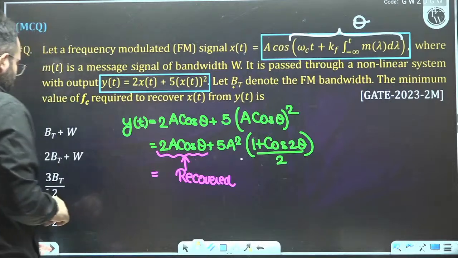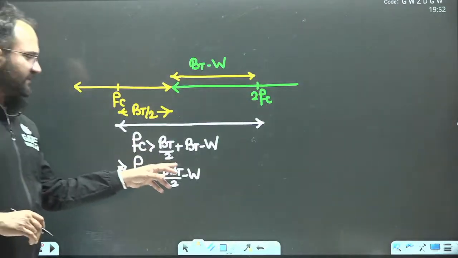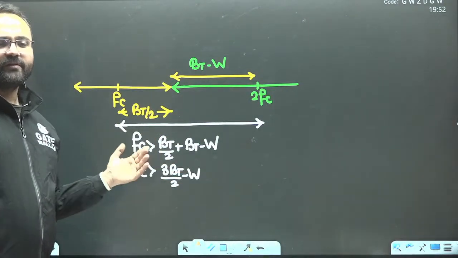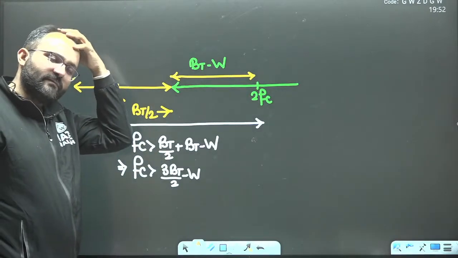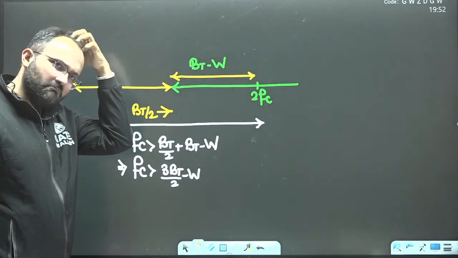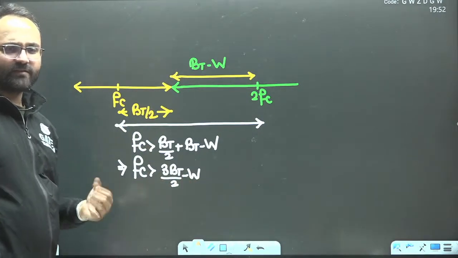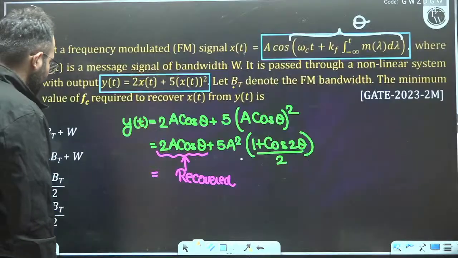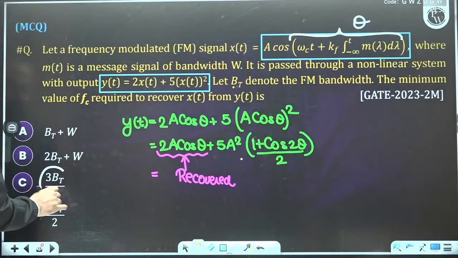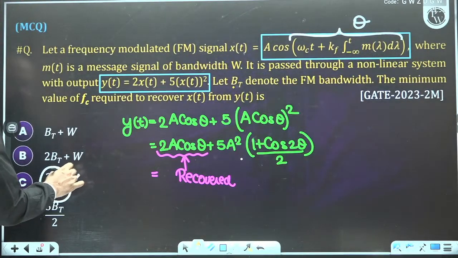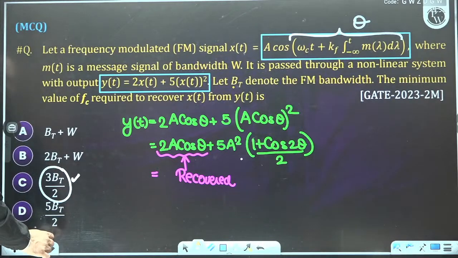Now, if we assume that W is negligible, the message bandwidth is very small as compared to the frequency deviation, we can neglect this term and we can see that C will be the correct answer. I hope all of you are able to see this.